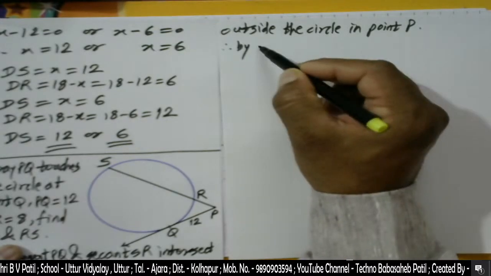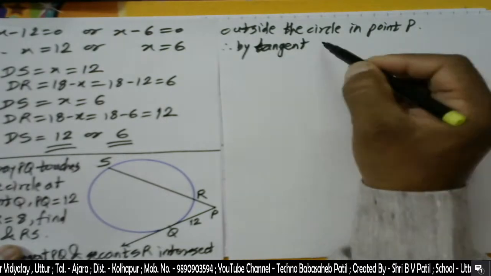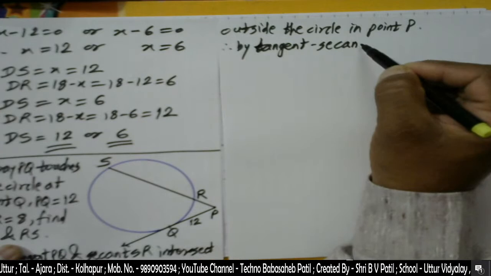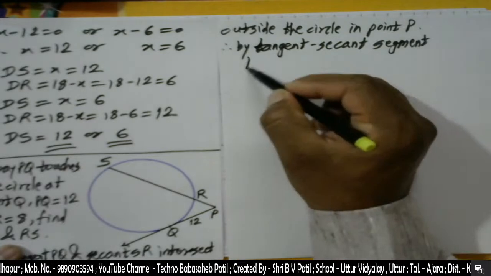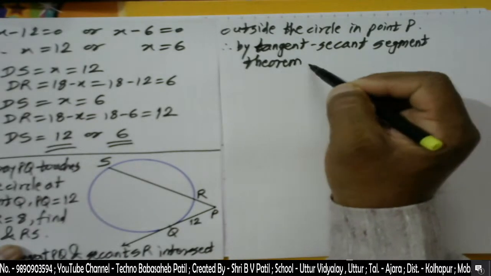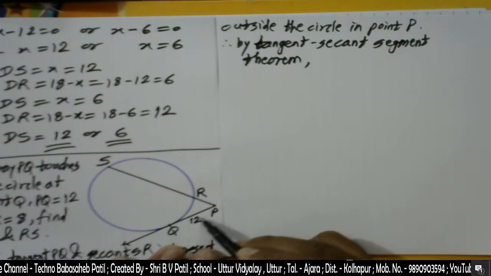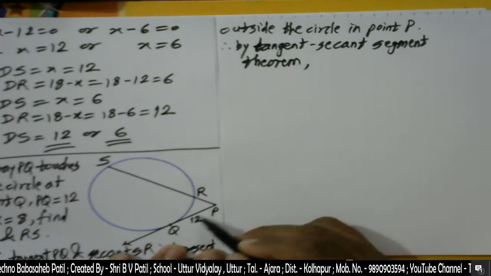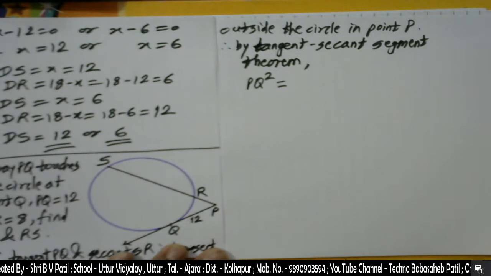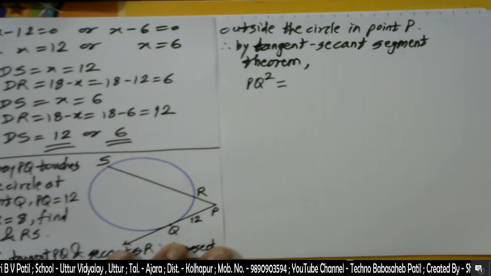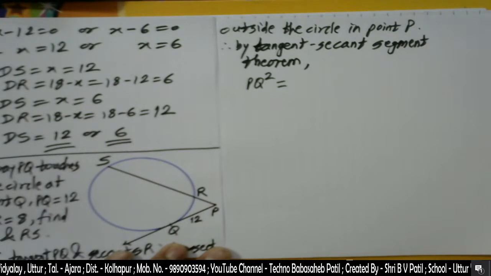Therefore, by the tangent secant segment theorem, tangent segment square, that is PQ square, is equal to what do we write here? Who can tell the answer?